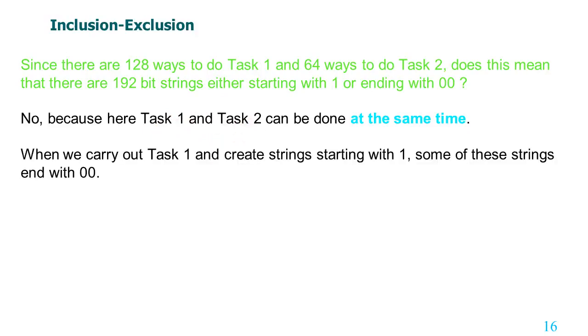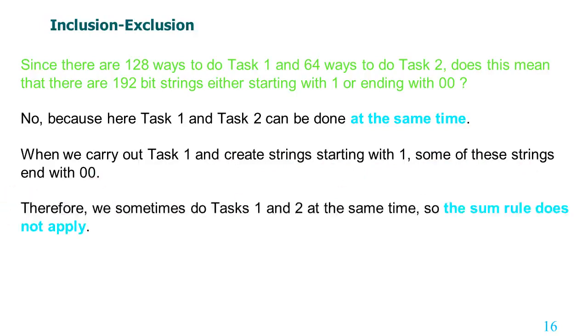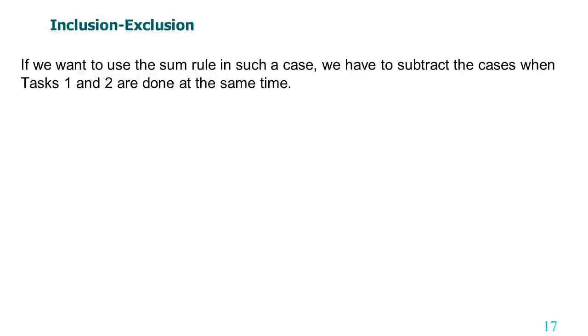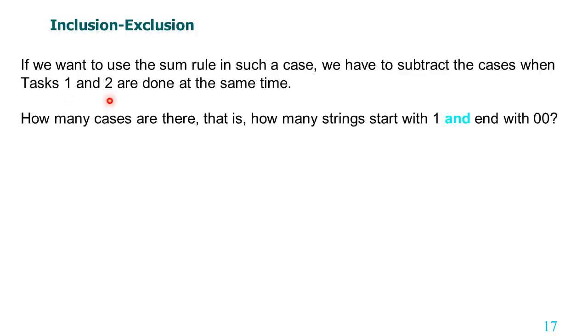When we carry out task 1 and create a string starting with 1, some of the strings end with 0 0. Therefore we sometimes do task 1 and task 2 at the same time, so the sum rule does not apply directly. To use the sum rule in such a case, we have to subtract the cases when task 1 and task 2 are done at the same time.